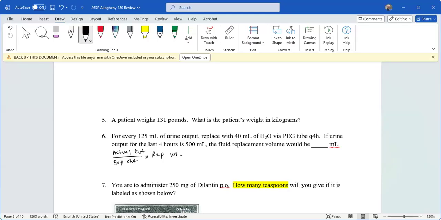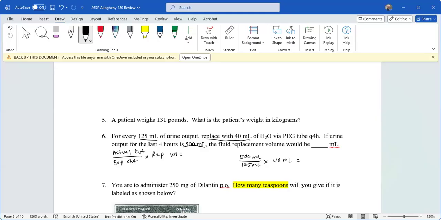The thing you have to pay attention to is what is the actual output? So the actual output is 500 milliliters. The expected output is 125, and then the replacement volume is typically pretty consistent. So if I'm solving for this, I'm just going to take 500 over 125 times 40.